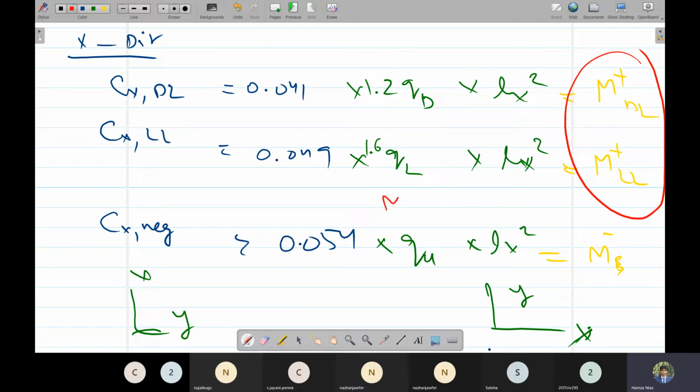The total positive moment would be M positive dead load plus M positive live load. Simply we can add them. After getting the moments, this procedure is different for moments.